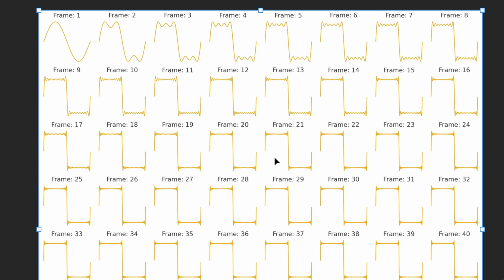Here it is. So here are the waveforms that make up the wavetable that we're now hearing. You can see in frame 1, there's just a single sine wave, right? We hear that as we hold the note. And then frame 2, this is with the addition of the third harmonic, and you can see it's already starting to take on that square wave shape.